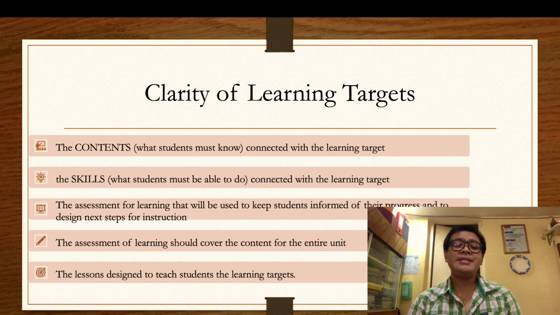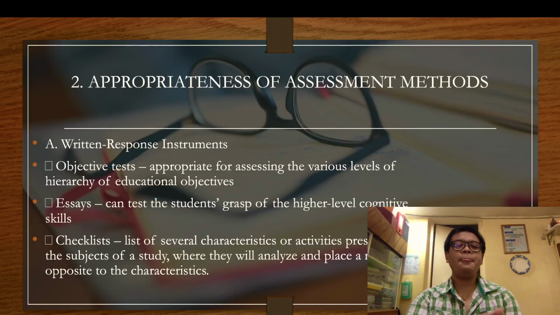The lesson should be designed to teach students the learning targets, and it should always be student centered and not teacher centered. Number two, appropriateness of assessment method. This is more into a written response instrument. Objective tests are appropriate for assessing the various levels of the hierarchy of educational objectives.